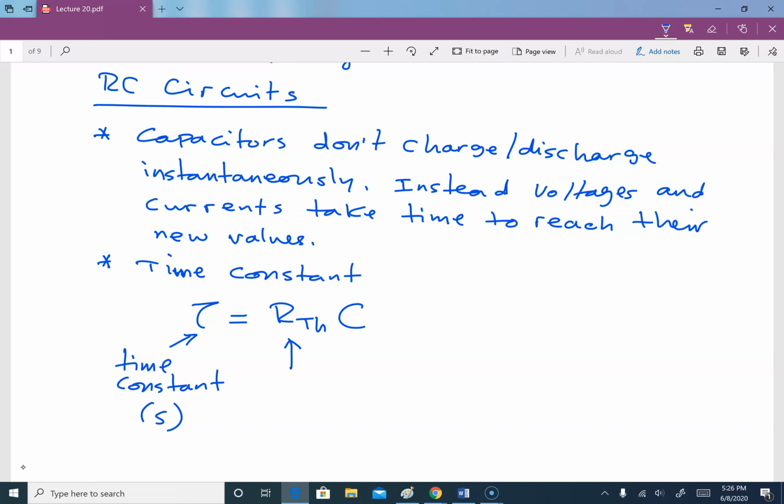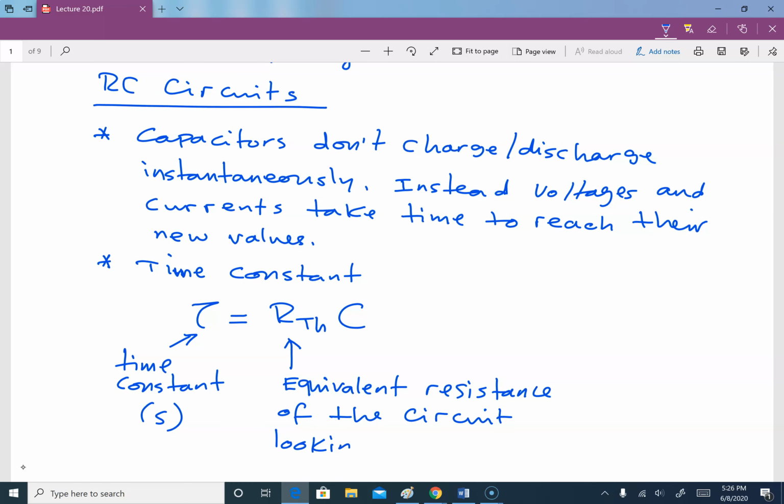This over here, R Thevenin, is the equivalent resistance of the circuit looking from the capacitor. And this over here is the capacitance in farads.